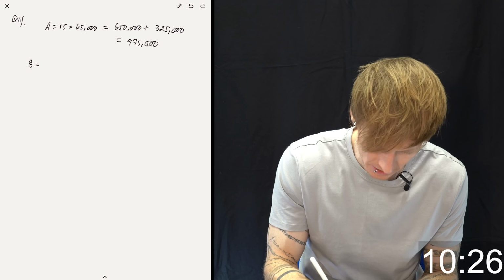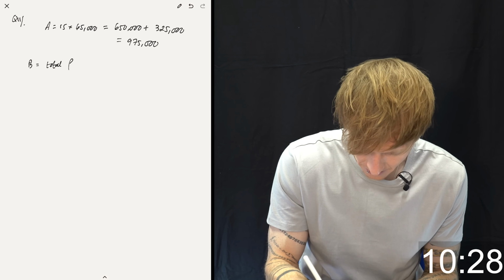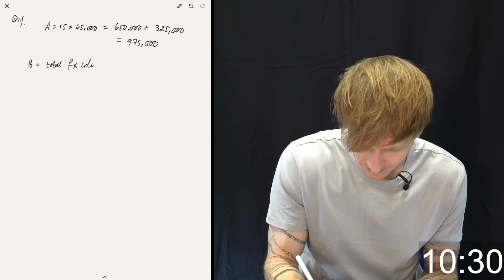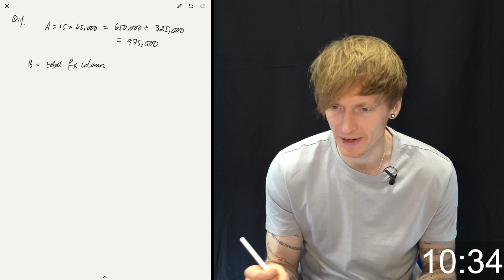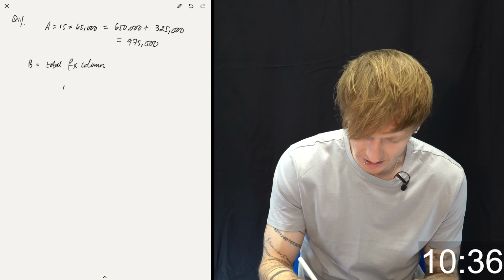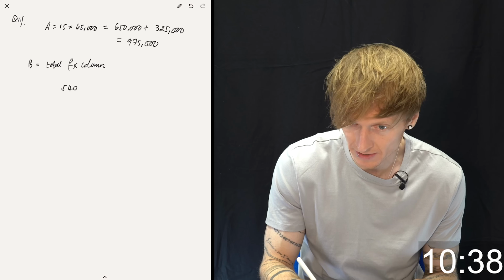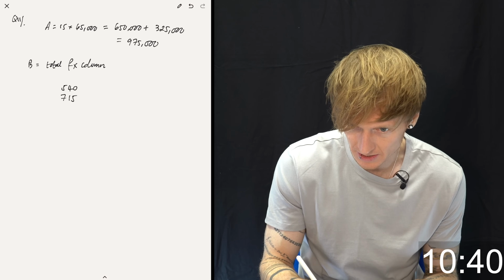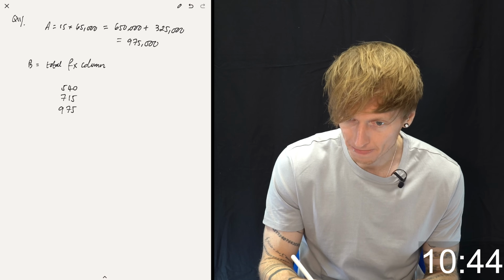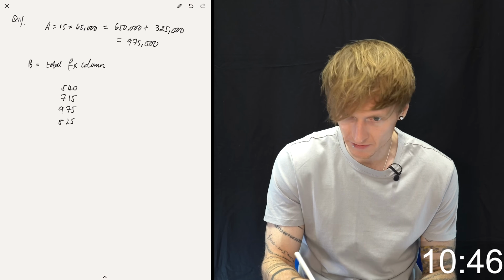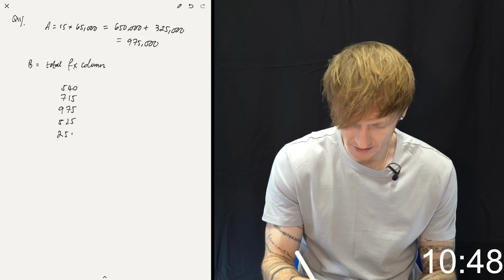So B is the total of the FX column. I really should have a calculator, but anyway, so it's 540, so this is in hundreds of thousands, it's 540, 715, the one I just worked out, 975, 525, and 255.